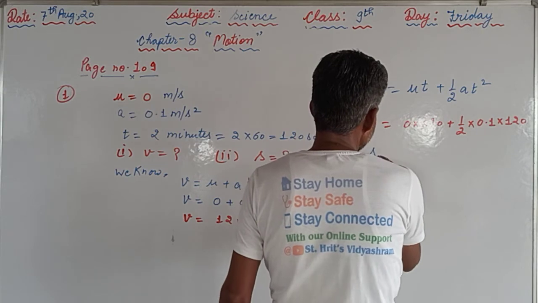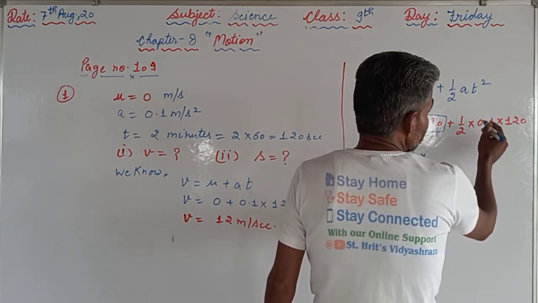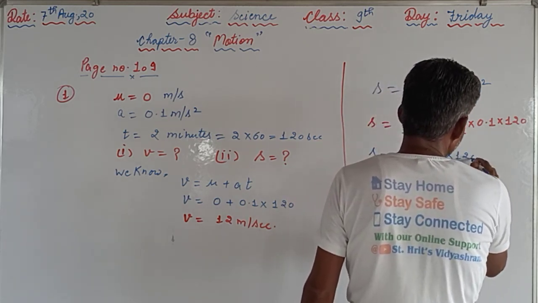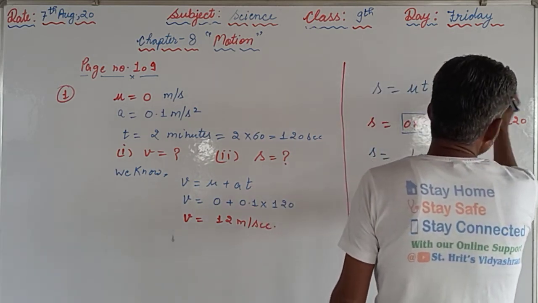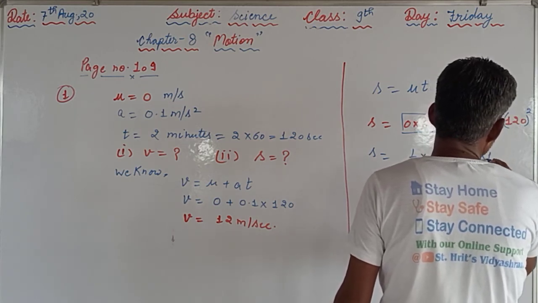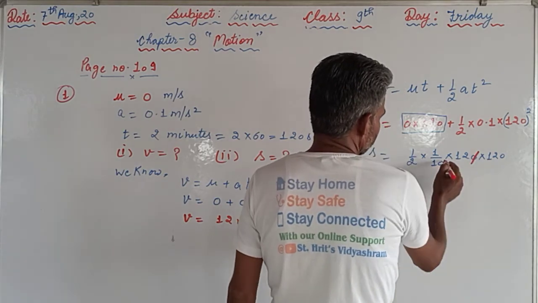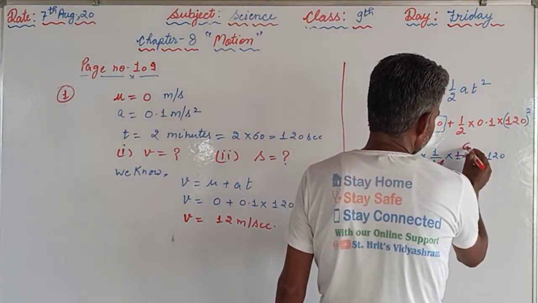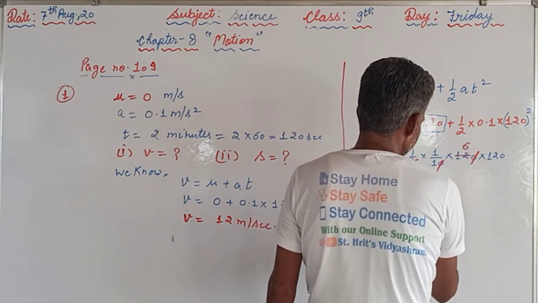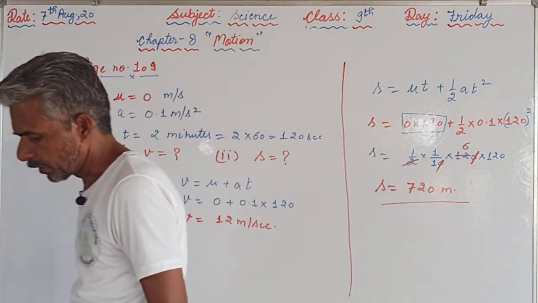So this becomes 0, and this is 1 by 2. 0.1 we can write as 1 upon 10, into 120, A T square means 120 square, so into 120. So the zeros cancel out, 2 sixes are 12, and S will be 6 into 120, that will be 720, and the answer will be in SI units only, meaning 720 meters.